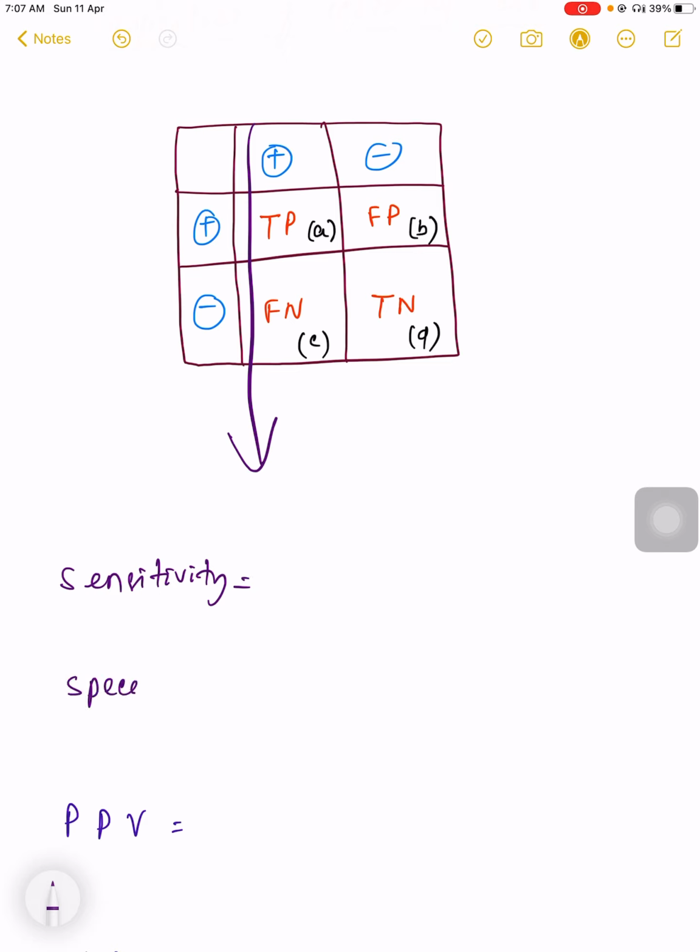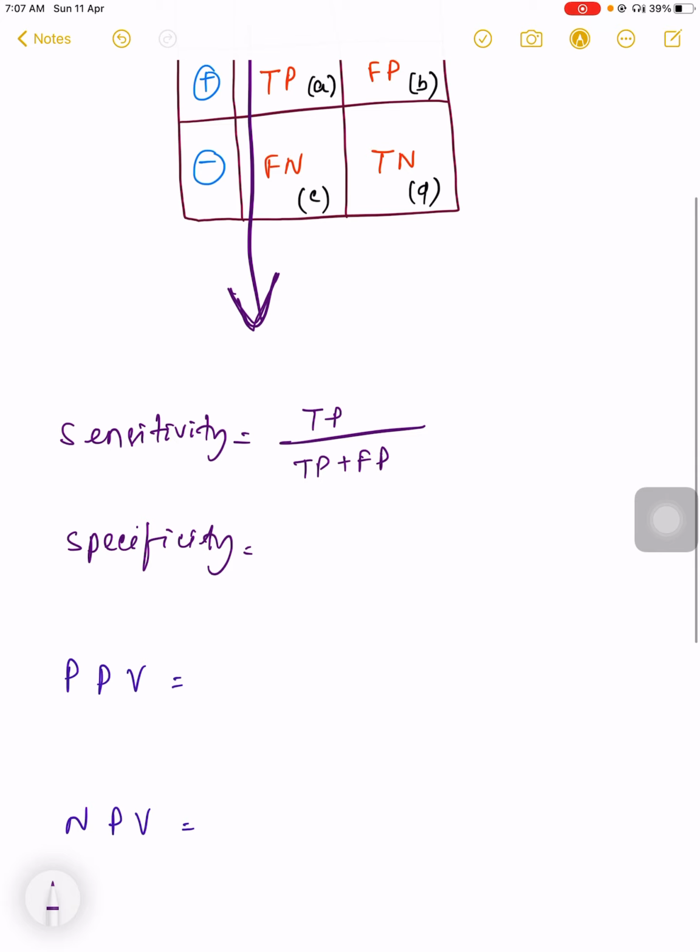We are coming from this side to this side, the arrow mark is here. So first coming is A or true positive. So the formula of sensitivity is true positive divided by true positive plus false negative, or you can write A divided by A plus C.